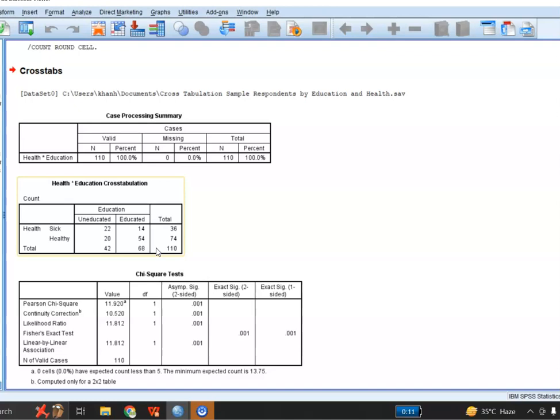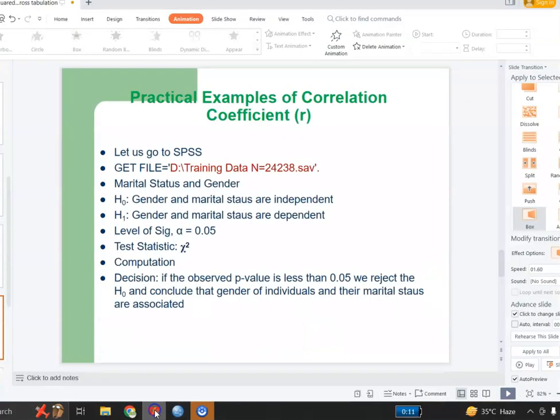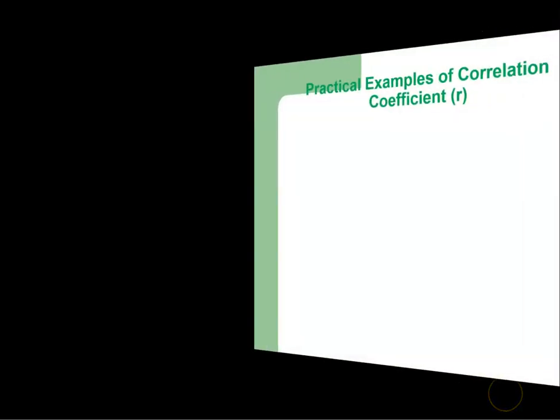We can guess from this table also, you see, more educated people are more healthy and more uneducated are sick. So there is some kind of relationship between health and education. So this is how we can compute the chi-square test.